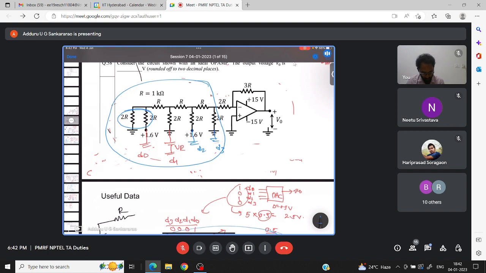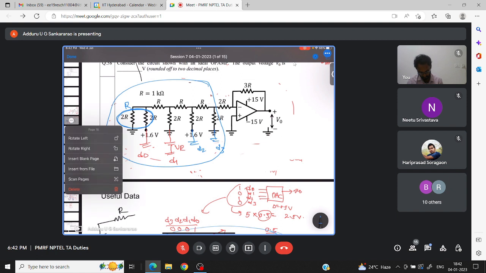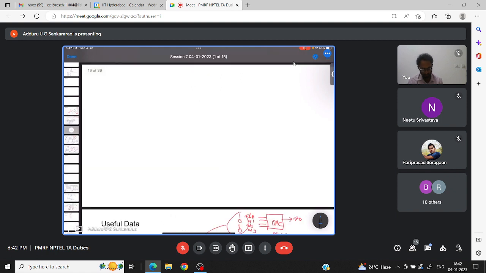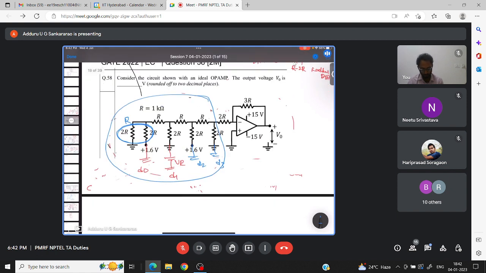So this 2R and R are parallel, and their equivalent resistance is R. Then this R plus R together will be in series, 2R again. Understood?